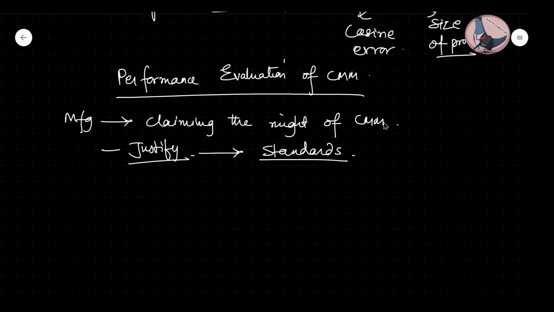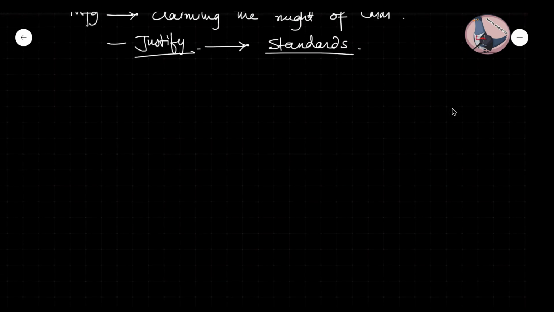Fine. Now in doing so, there are some issues that most manufacturing people face, and you should know those issues. Why should you know? Because it will give you better judgment while marking the answers and also help you understand what is happening. Now, the biggest problem with metrology people is, suppose I say give me 1 meter.